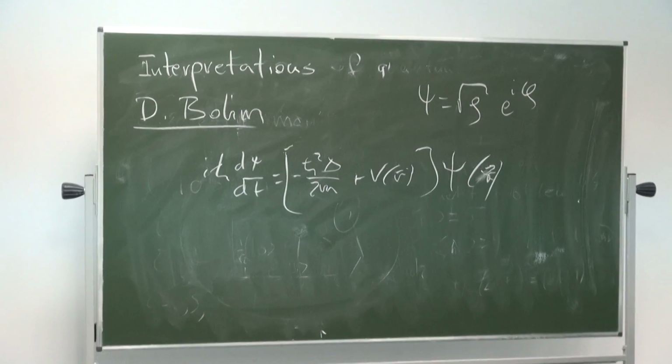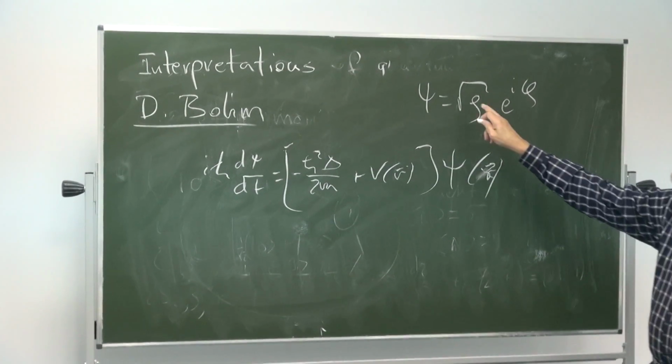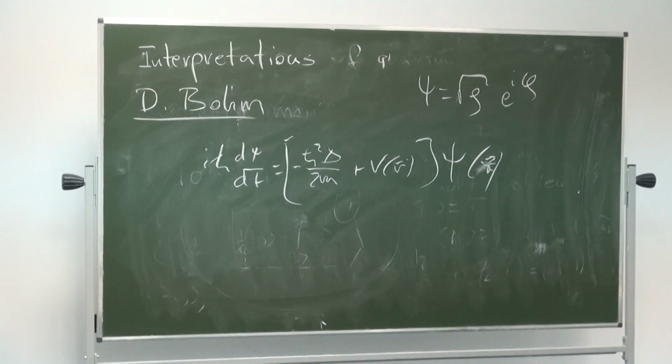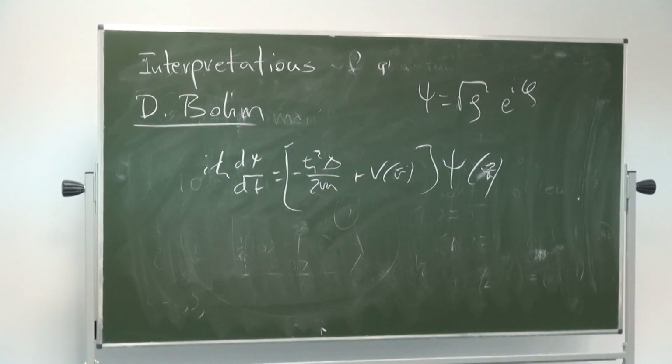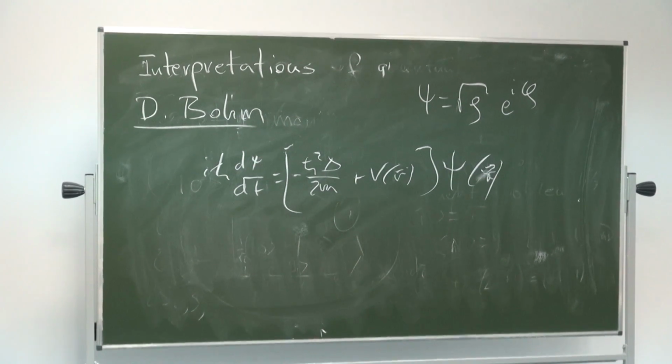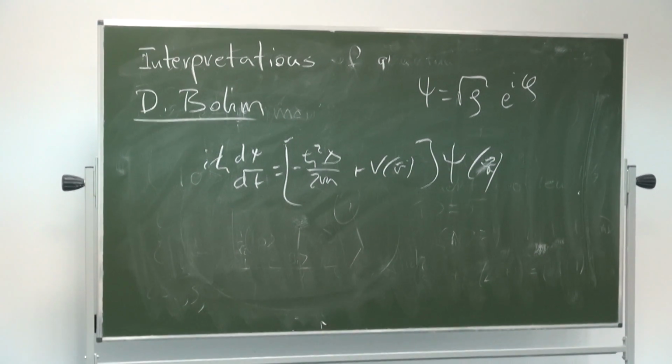You can do it, and what he did, he substituted this into this equation and derived the equation for rho and the equation for phi. First order differential equations for rho and for phi.